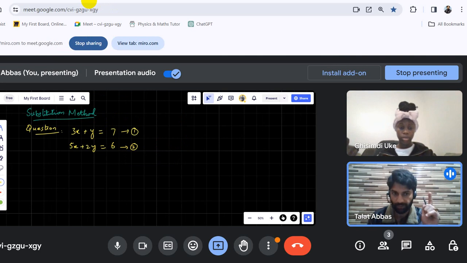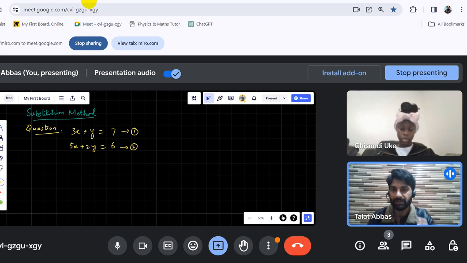You know about coefficient now? Yeah, the constant with the variable. You can target any variable, x in the first equation or x in the second equation or y in the first or second equation. It doesn't matter. But always prefer to target that variable which has coefficient 1.